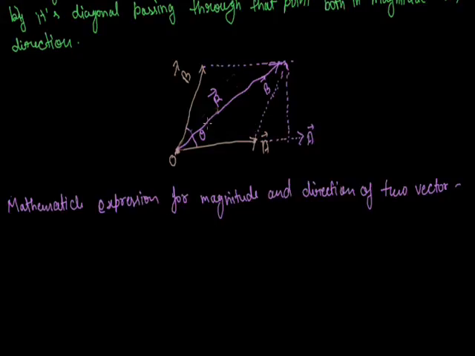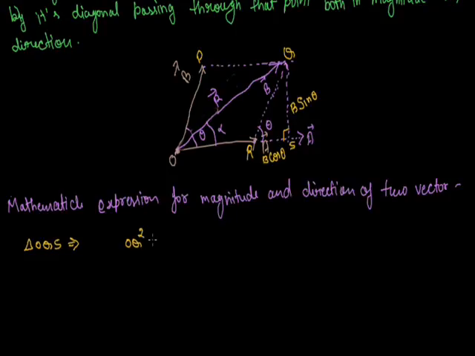The angle between the resultant and A vector is alpha and the angle is theta. So we can write here theta, it is a perpendicular, and this is B sin theta and this is B cos theta. We can mark it O, P, Q, R, S, right angle triangle OQS.